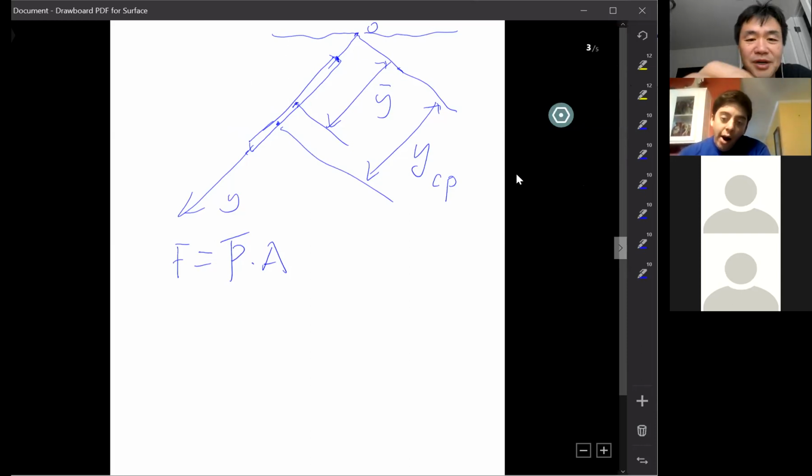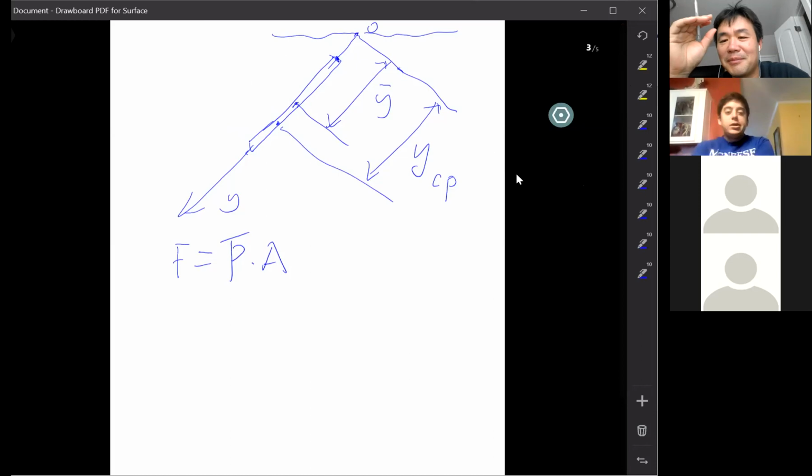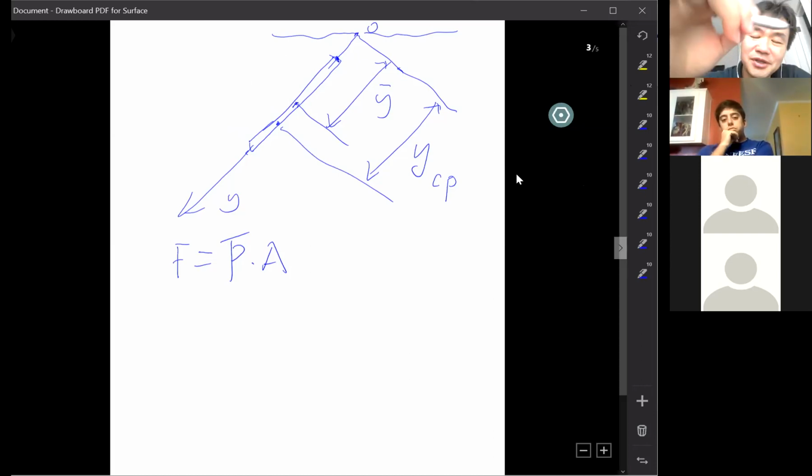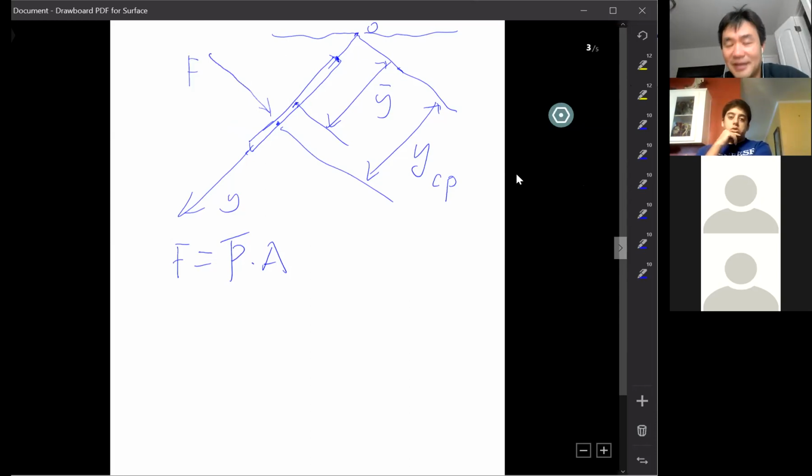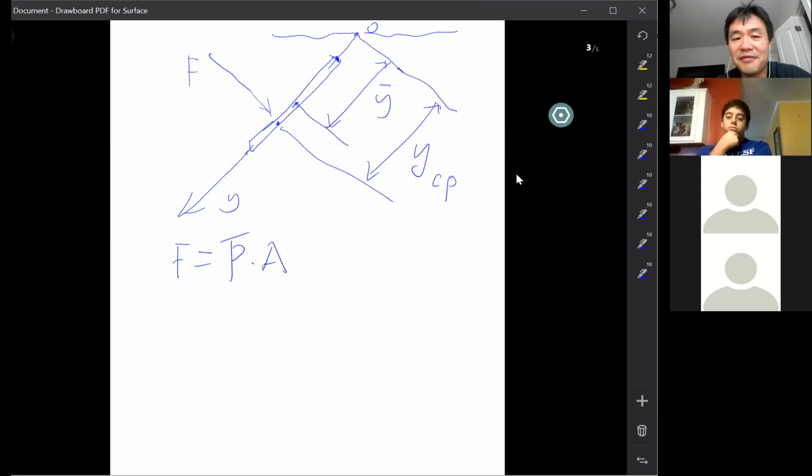I need to draw one arrow representing this combined force. Do I draw the arrow on the centroid, or do I draw the big arrow on the center of pressure? Center of pressure, yes. That's why we need to identify where the center of pressure is.